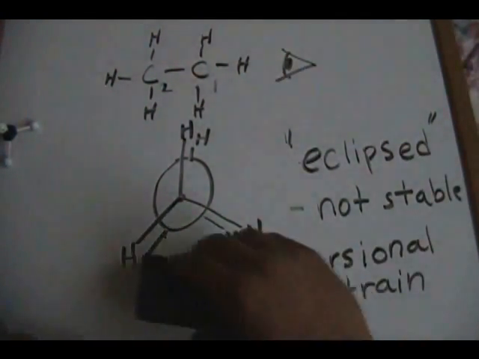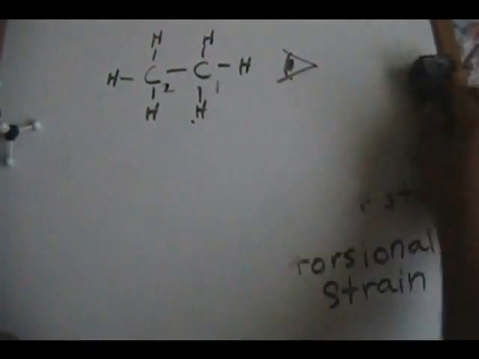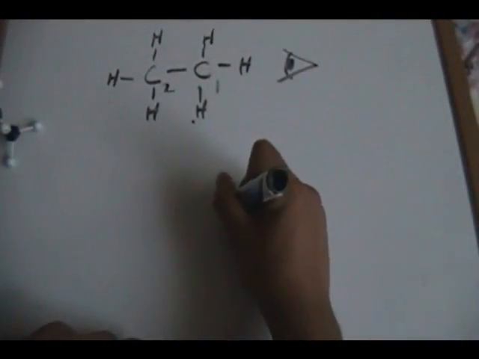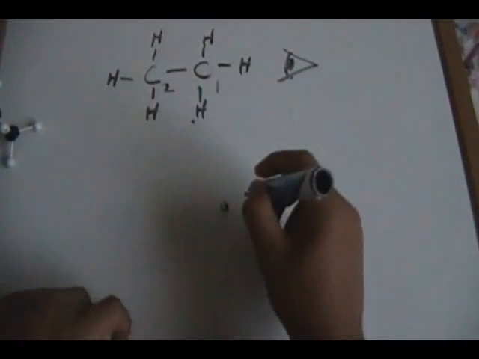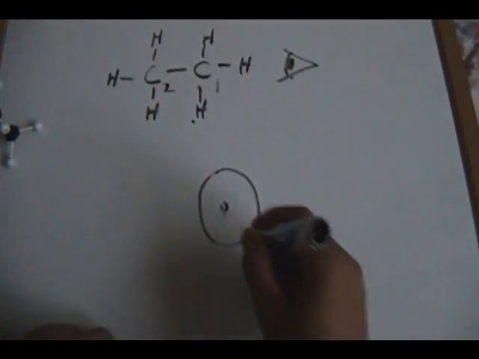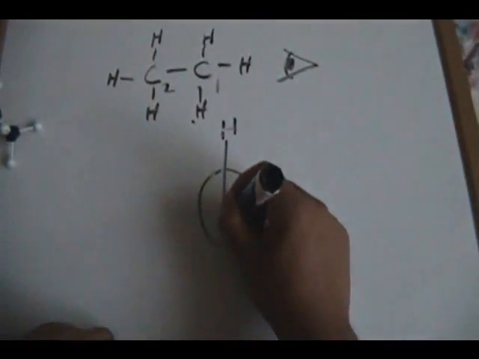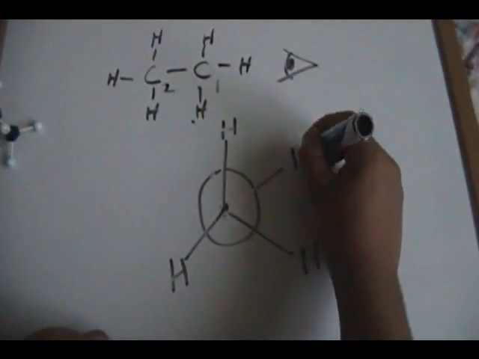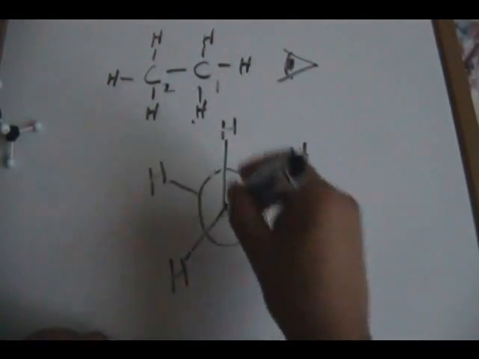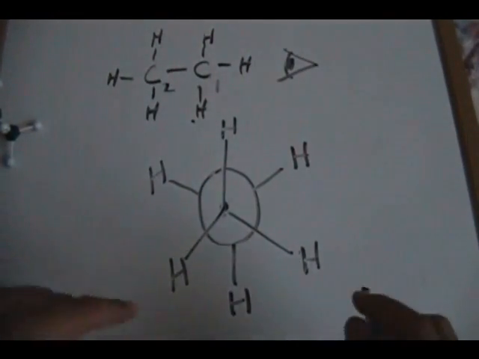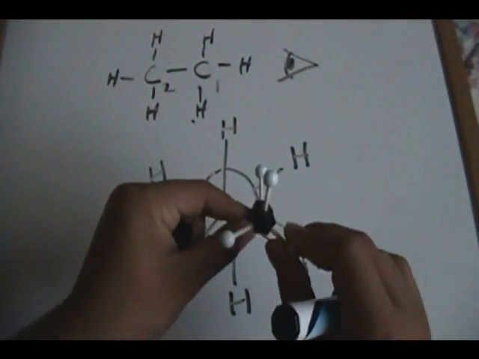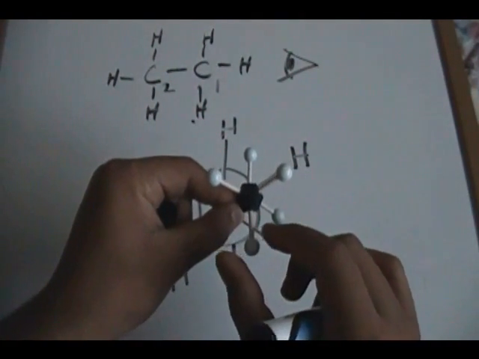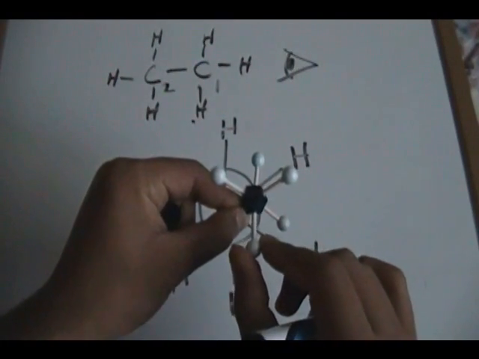So let's draw the next conformation, and that is staggered. This pen is dying on me. Okay. Staggered conformation is where you have the hydrogen atoms in the back spaced out. So starting from the eclipse position, what I had shown you guys earlier, if you rotate this 60 degrees, now you have it in the staggered position, and that is much more stable.